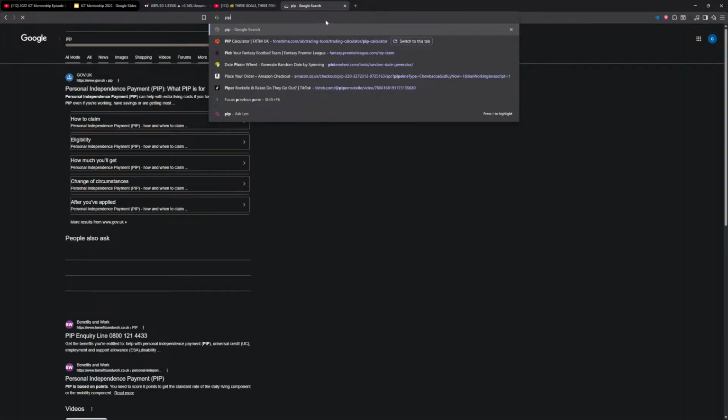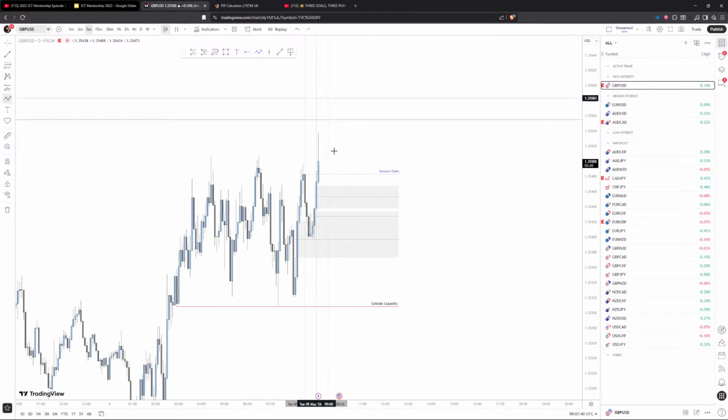Just grab this up. We need it. So we'll be looking for a retracement into this to the upside as an entry, as long as this is a fair value gap.